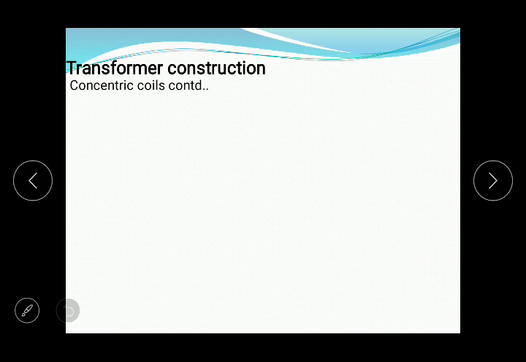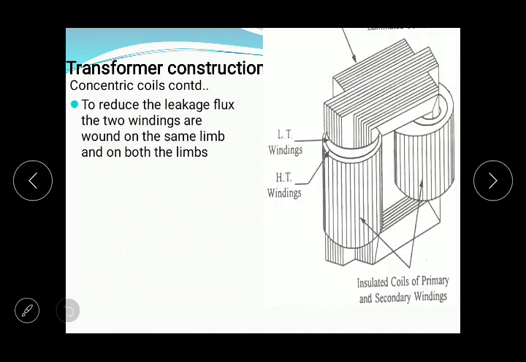So to reduce the leakage flux, the two windings are wound on the same limb. Here the LT winding, that means primary or secondary winding, is wound on the same limb on both sides of the limb.